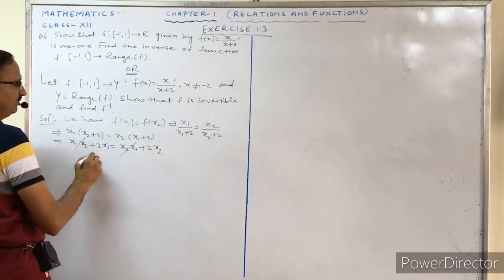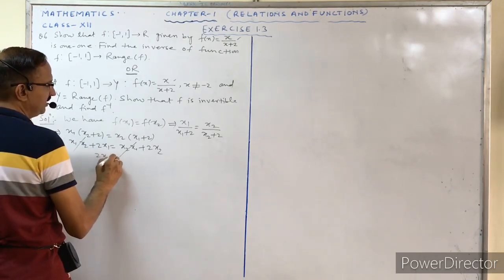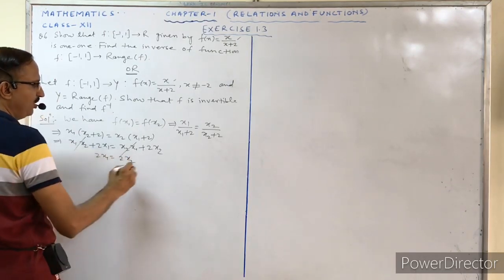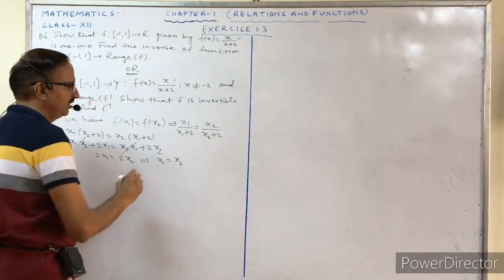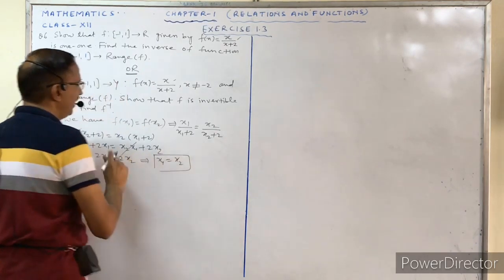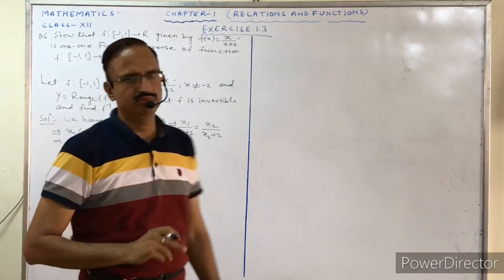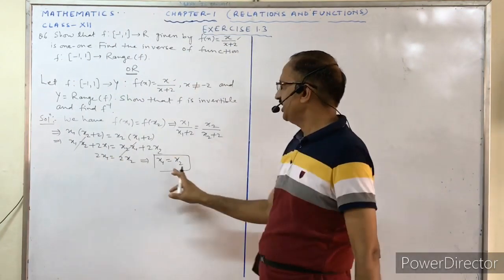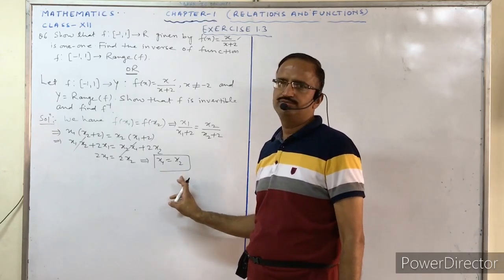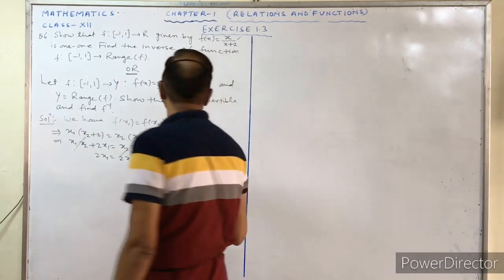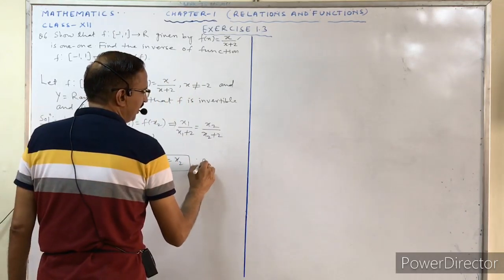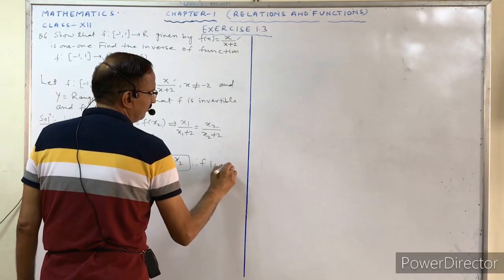These cancel out, we get 2x1 equals 2x2, or x1 equal to x2. So whenever f(x1) equals f(x2) and we prove x1 equals x2, f is one-one. Therefore f is one-one.